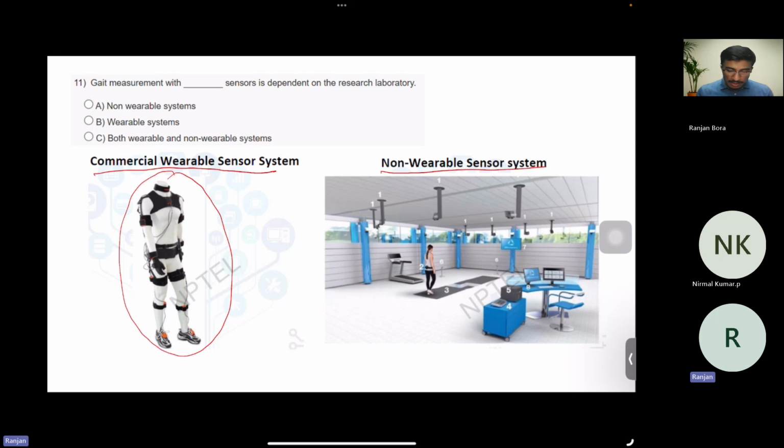You can see here number 3 is a force plate, and these are the cameras to capture the coordinates of the markers. So in the case of non-wearable systems, we require a research laboratory. So here option A is correct.